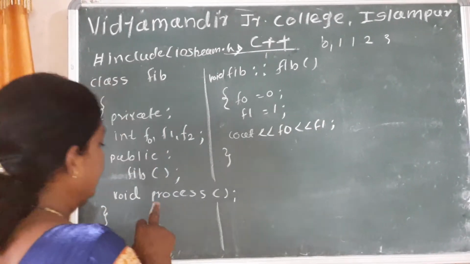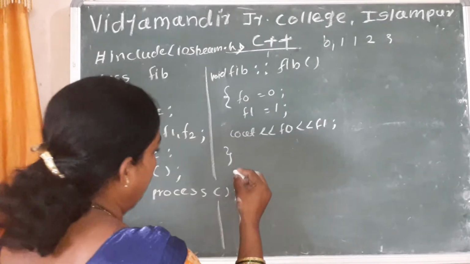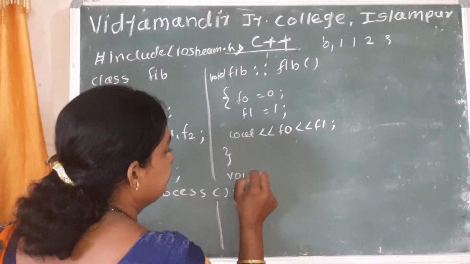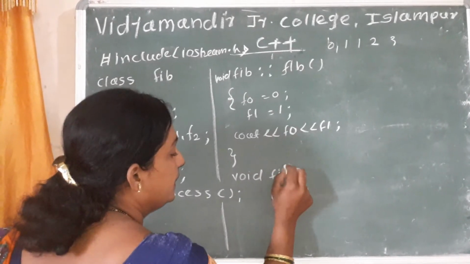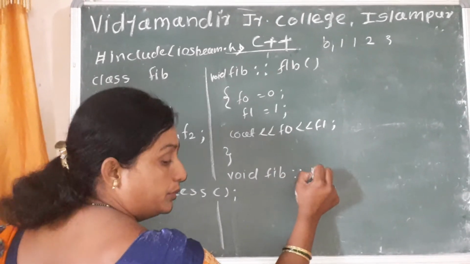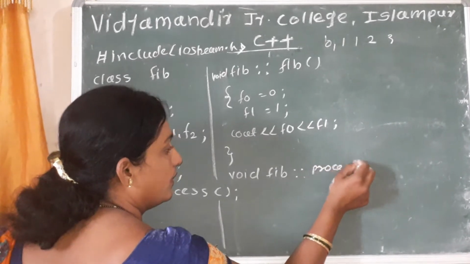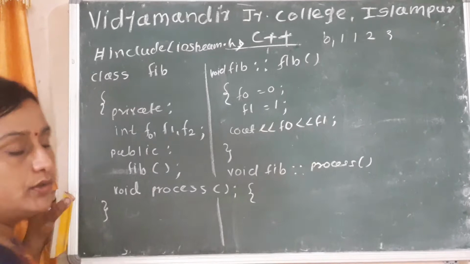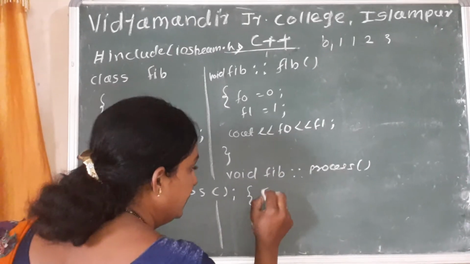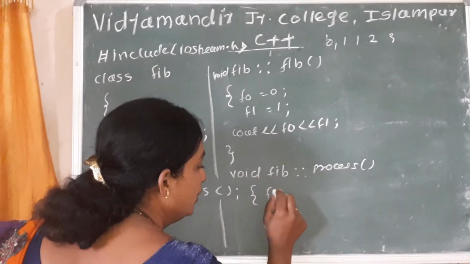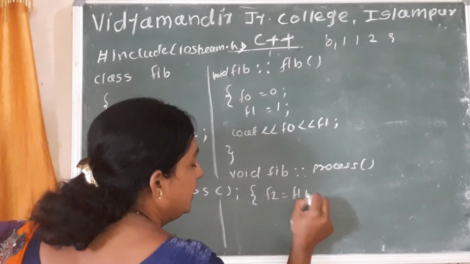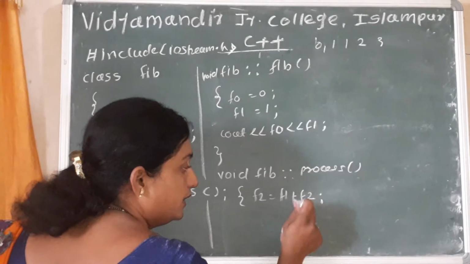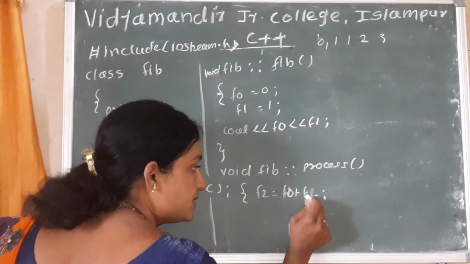Next is the process function. void, name of the class FIB, name of the function process. The first two terms we already have. For the third term we declare F2 is equal to F0 plus F1.